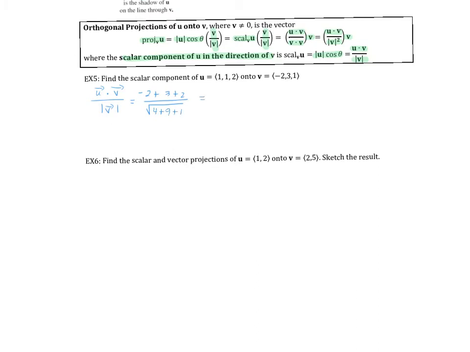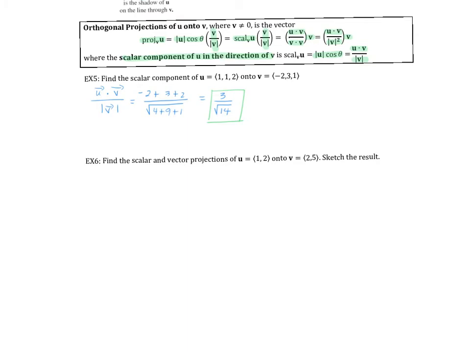Remember this is going to be just some number. It turns out to be 3 over the square root of 14, which I am not going to rationalize. I'll just leave that scalar component as 3 over square root of 14.